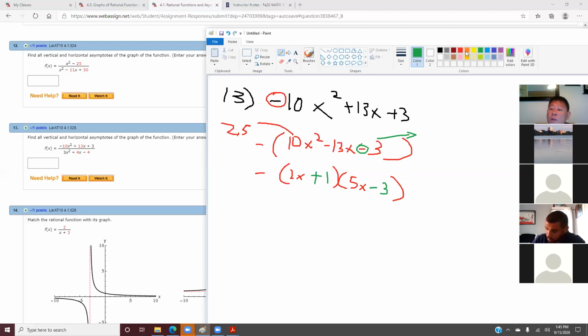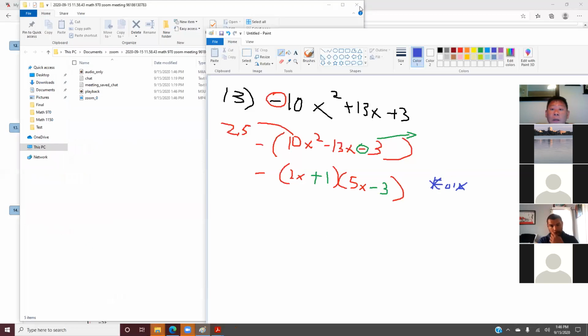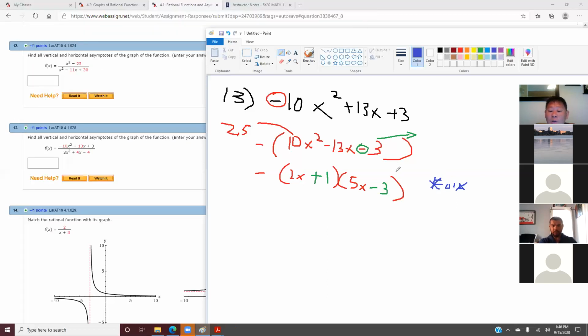So what you need to do here is the foiling. Now, when you do the foiling, you do not need to do the first and the last because the first will give you 10x squared, the last will give you -3. But you have to check the outside and the inside. So the middle term has to be -13x.